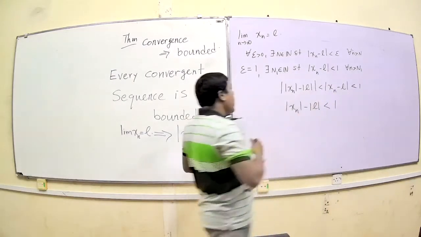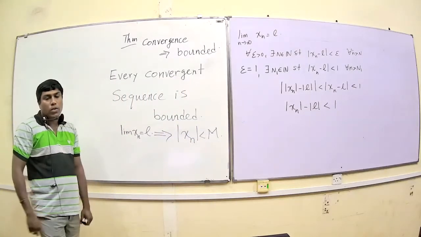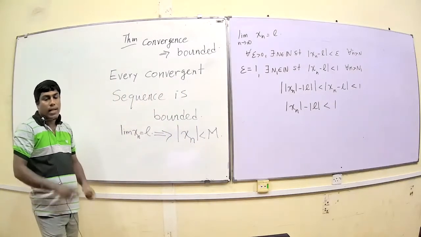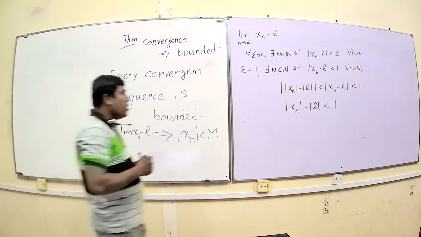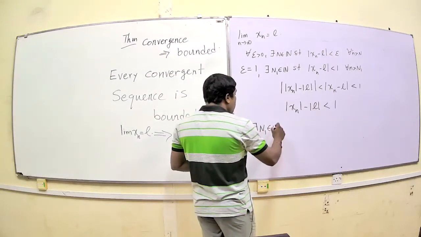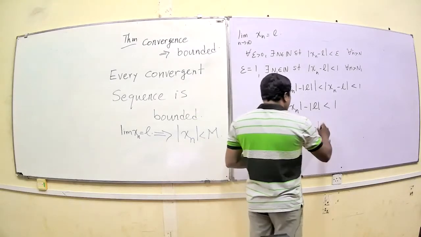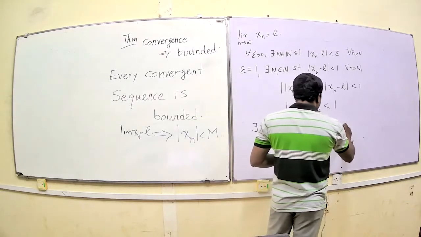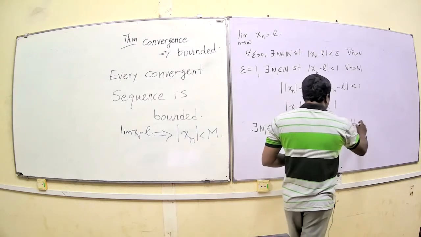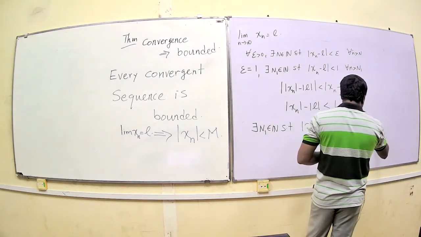So from this, the absolute value being less than 1 means it is between plus or minus 1, and we take only the less than plus 1 case. So this says there exists n1 such that |xn| is less than 1 plus the absolute value of L for all n greater than n1.